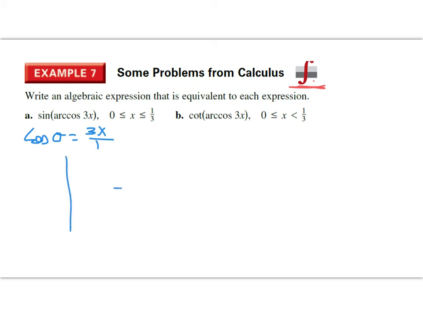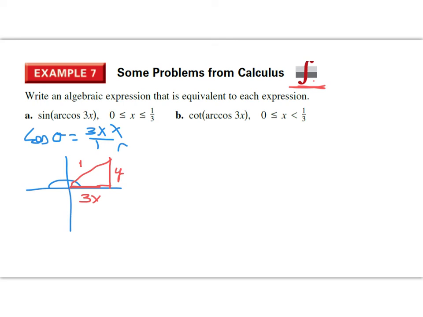So we know that the cosine is restricted to this area here. So this is x and that's my r. So that means my x is going to be 3x, my r is going to be 1. I need to figure out what my y is going to be because I need the sine.